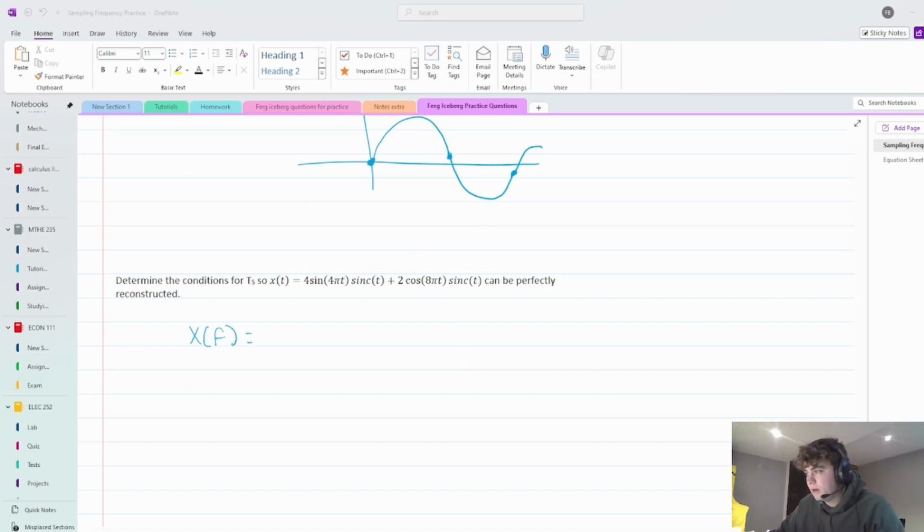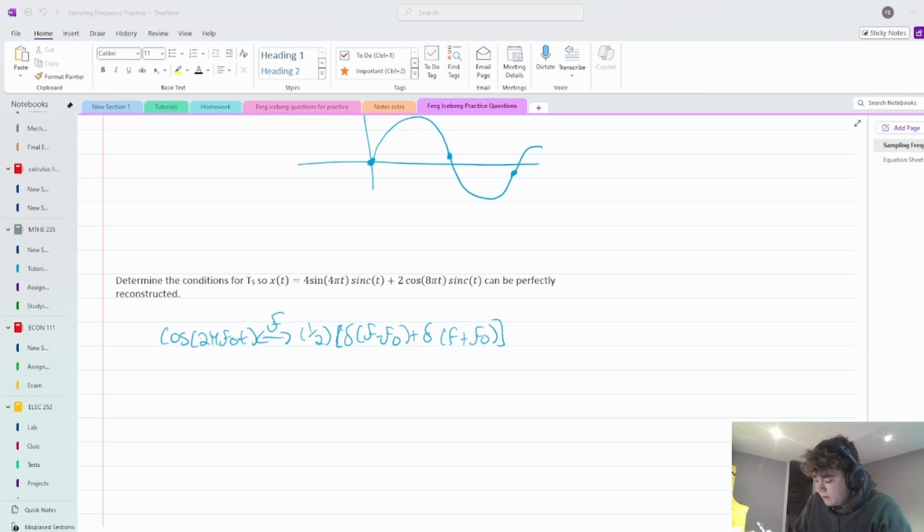So looking at my own Fourier transform equation sheet here, I can just write these down. You know that cos 2 pi f naught t will change into, with a Fourier transform, 1/2 the impulse f minus f naught plus the impulse f plus f naught.